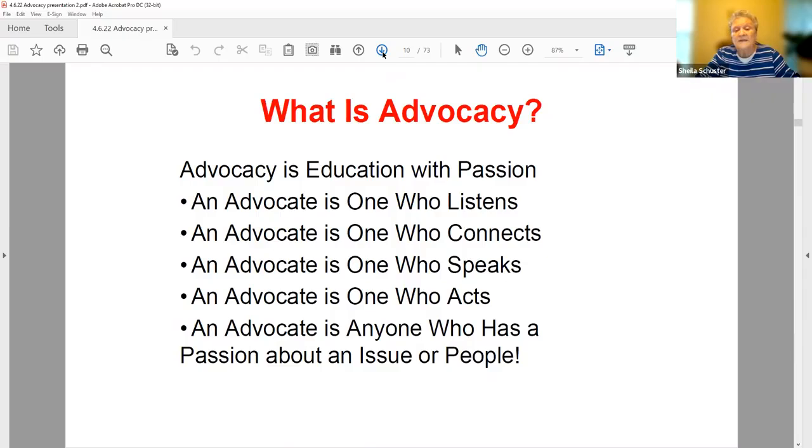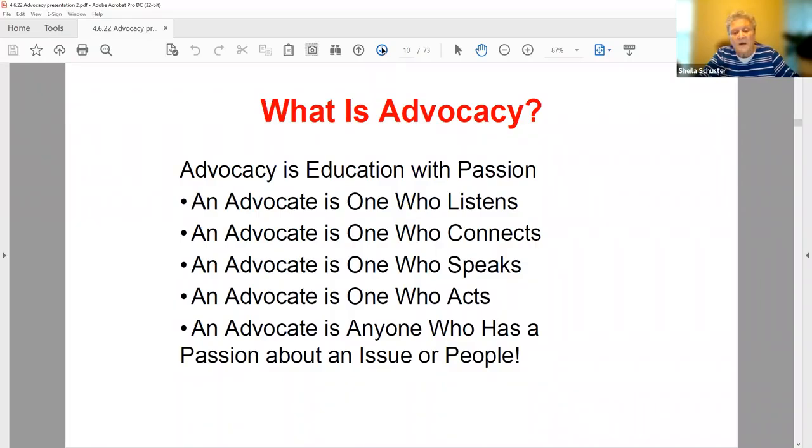And what I will tell you is that the more passionate you are, the more likely you are to be a really good advocate, because you will speak not only from your head in terms of the information, but from your heart. Passion also allows you to be what I've been called, and that is the Energizer Bunny. So persistence is an important part of advocacy, and sometimes it's our passion that keeps us going, even in the face of not being successful immediately.